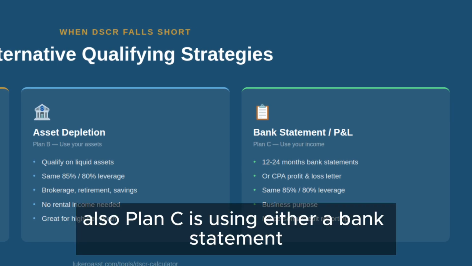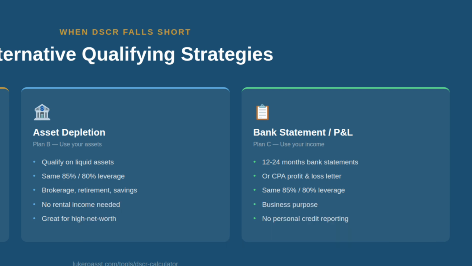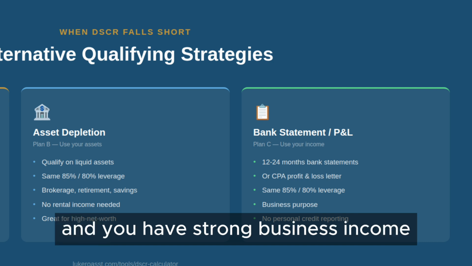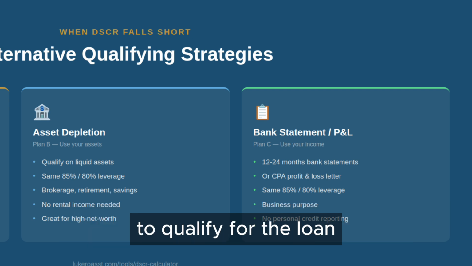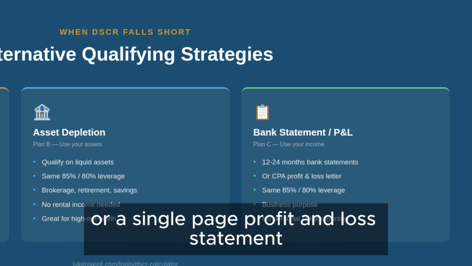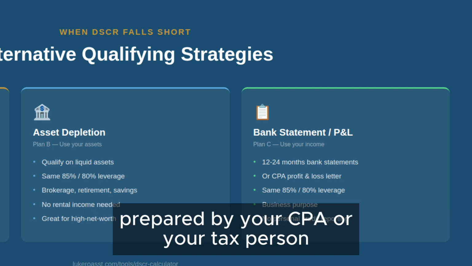Also, Plan C is using either a bank statement or a profit and loss statement. So if you're self-employed and you have strong business income, we can use 12 or even 24 months of bank statements to qualify for the loan, or a single page profit and loss statement prepared by your CPA or your tax person.